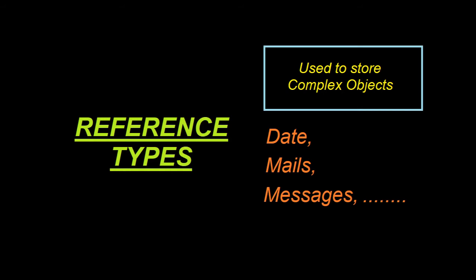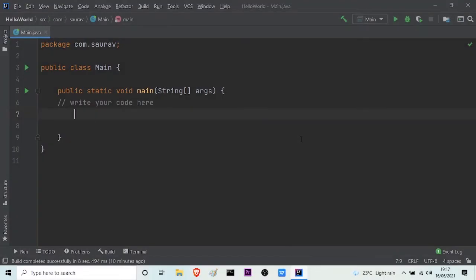Let's quickly go on to our editor so that I can show you some examples to understand more about the reference types in Java. So as you can see here, we are inside our editor. Let me begin with declaring a variable in primitive type. For that, I will use the byte data type followed by the name of the variable, which will be, suppose, my roll number, and then let me assign the value 25 to it, followed by the semicolon.